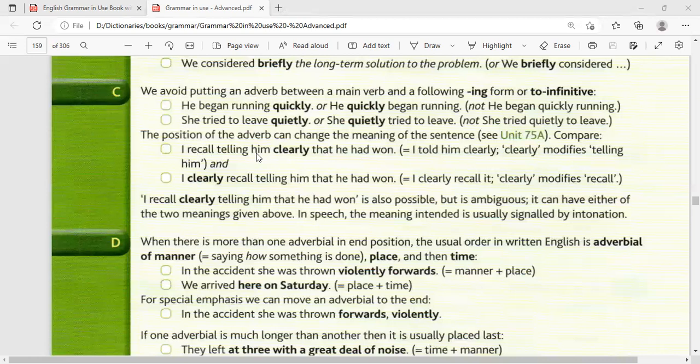And the second sentence: I clearly recall telling him that he had one. What is the difference when the adverb comes after the subject and when it comes after the verb? Do you know the difference, Hannah? In the first one, clearly describes when he tells him, and in the second one, it describes the verb recall.